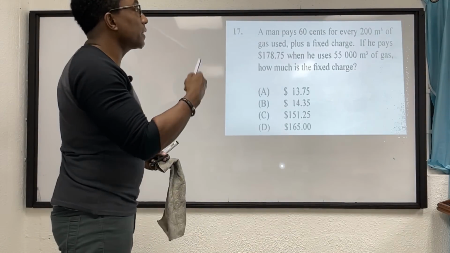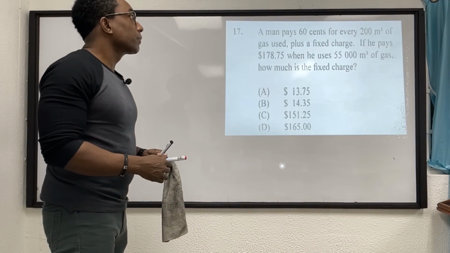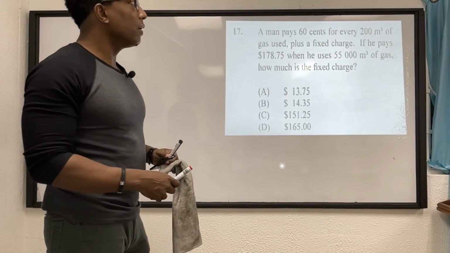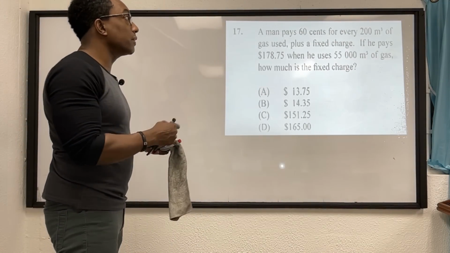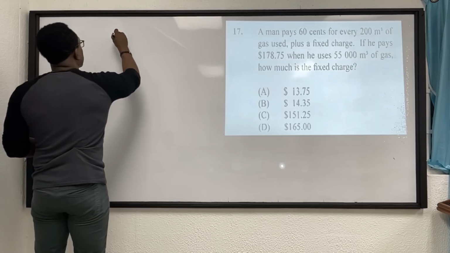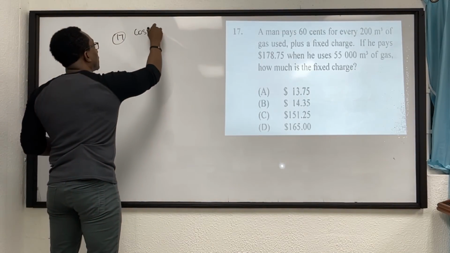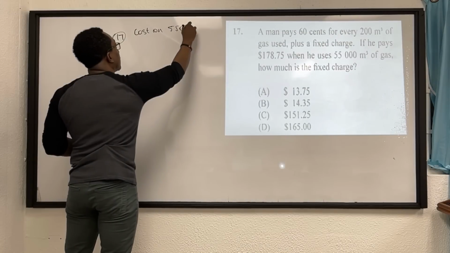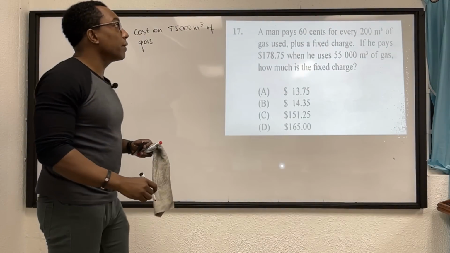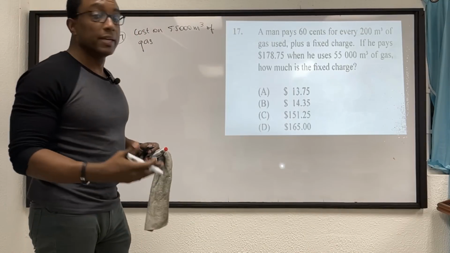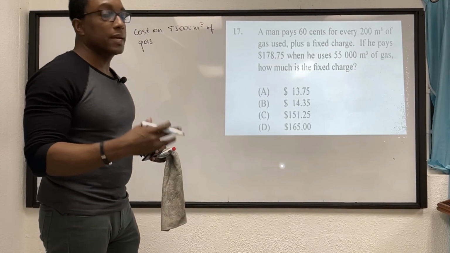So if it's 60 cents on every 200 meter cube, then what will be the cost on 55,000 meter cube of gas? So let's determine the cost. This is found by creating again a proportional relationship between the volume of gas used and money.